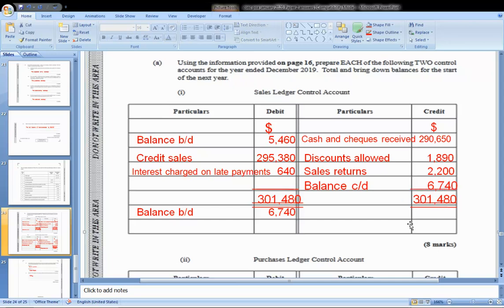Sales returns, 2,200. And when we add all of that in total, we got 301,480. So we had a balance carried down on our credit side, 6,740. So that would be our balance brought down to the following year, which would be January 1st, 2020.